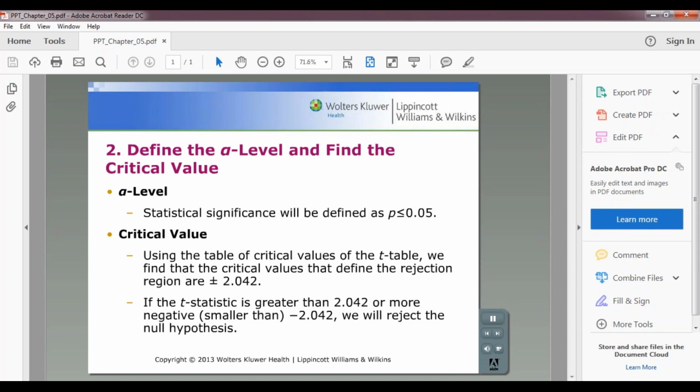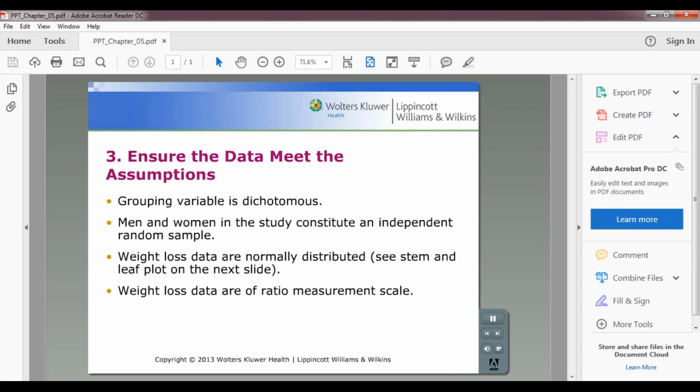So essentially, once we run our analysis, if our statistic is greater than 2.042 or smaller than negative 2.042, then we're going to reject the null. Remember, if we reject the null, then we are saying that there are differences, because the null says there are no differences. Okay. So again, preliminary analysis, we have to ensure that the data meet all our assumptions.